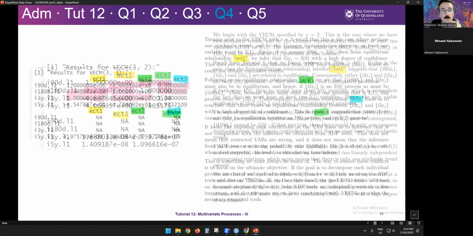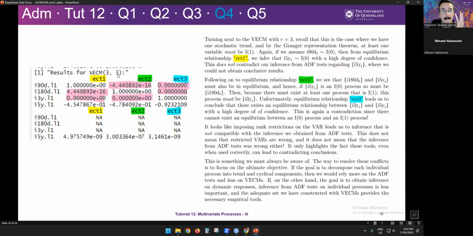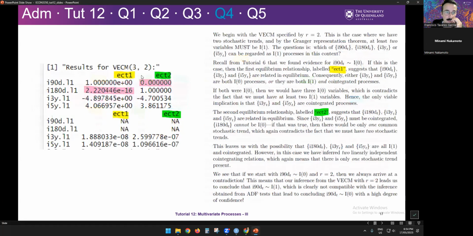And for rank 3, you see here, we need at least one I1 process. So that's what we're considering. That's why we need two I1s in here. All right, let's keep on going.